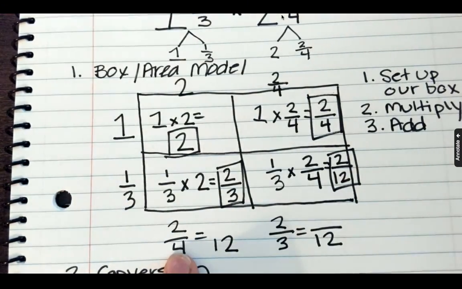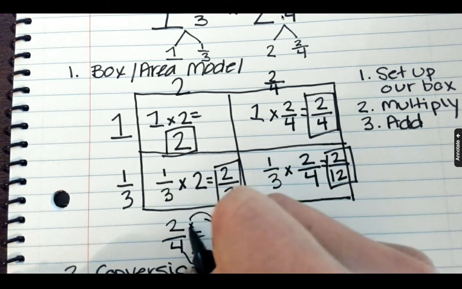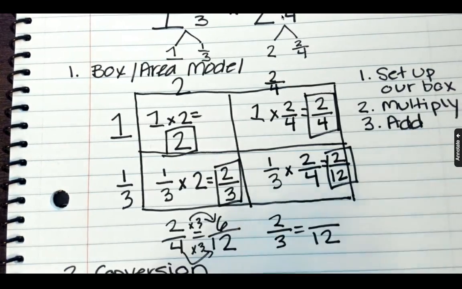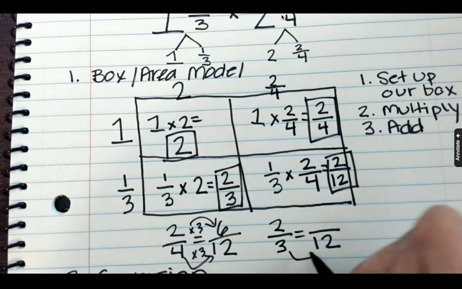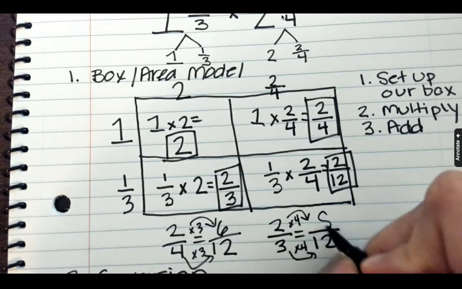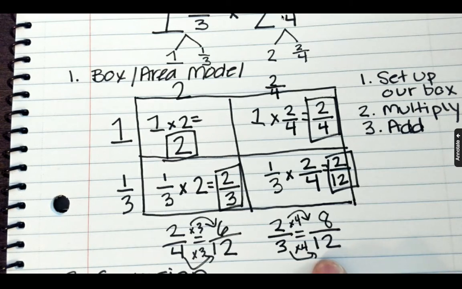So 2/4 equals 6/12, and 2/3 equals 8/12. So if I have 6/12 plus 8/12 plus 2/12, how many 12s do I have?